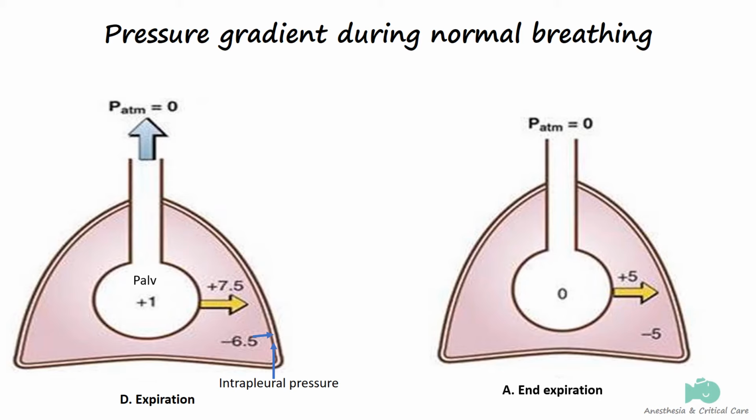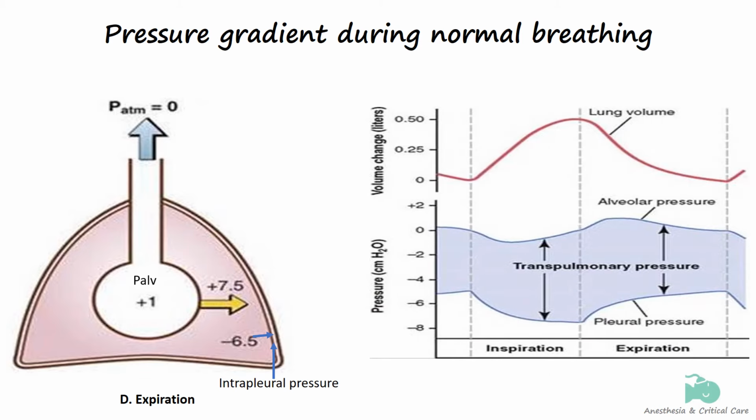All volumes and pressures return to their values at rest and the system is ready to begin the next breathing cycle. The volume in the lung at end inspiration is the tidal volume and the residual volume together. At the end of expiration, what is left inside the lung is the residual volume that keeps the alveoli inflated.